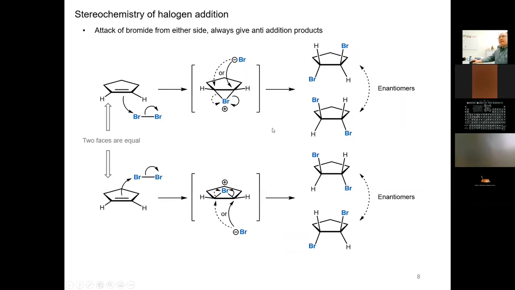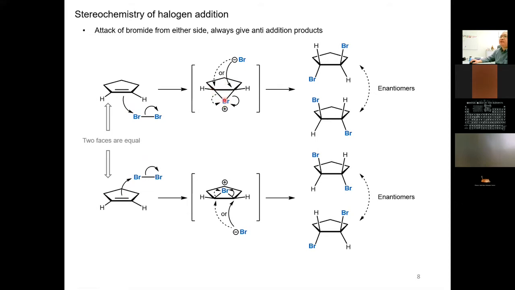So if you still remember, we did some basic graphs of the HX addition, and you give two pairs of enantiomers. Okay, we can also do the same graph here, that the bromine addition can either happen at the bottom or at the above side, right?